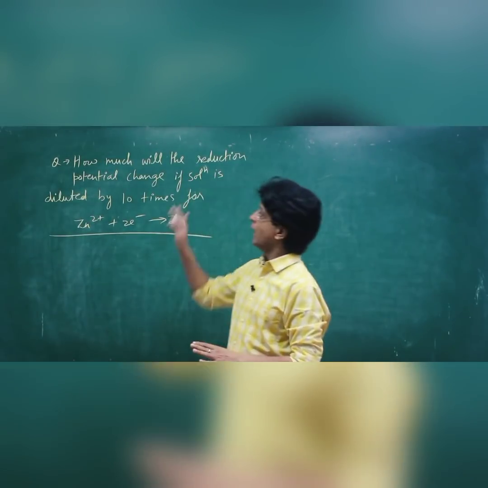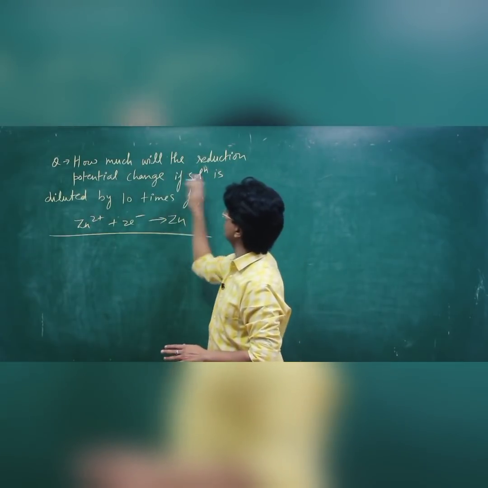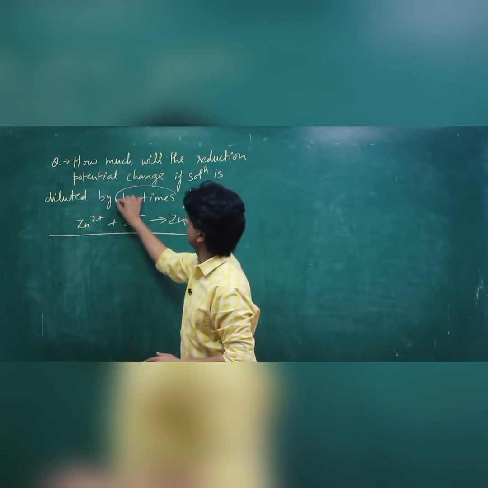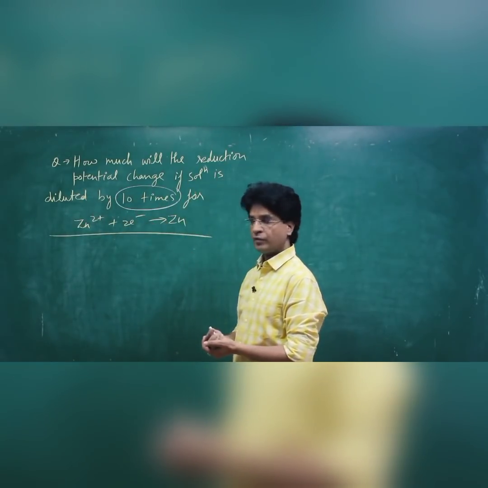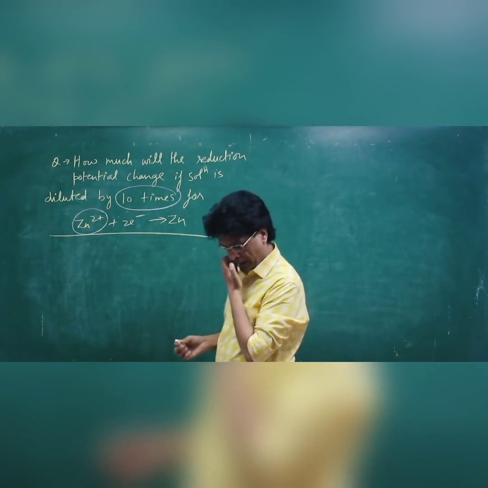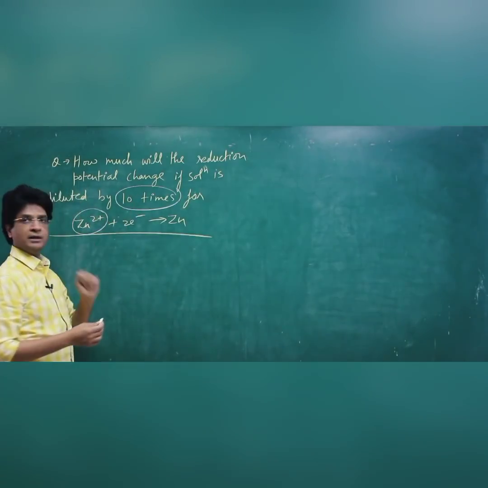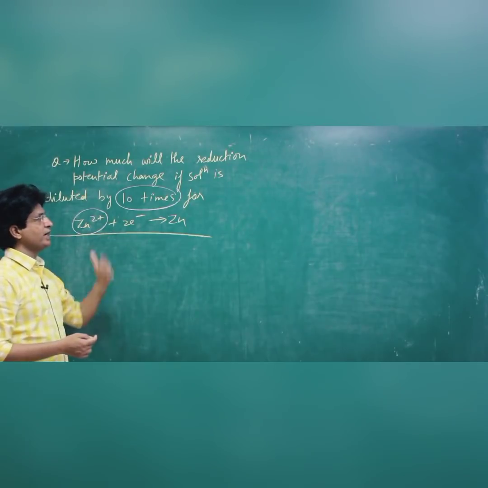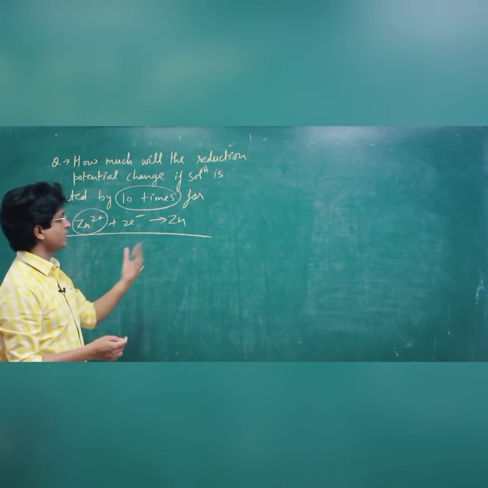This question says, how much will the reduction potential change if the solution is diluted by 10 times for this reaction? So in solution we will have the concentration of zinc ions. Now see, I'm changing the concentration. So if we change concentration, what will be the effect on the E cell?